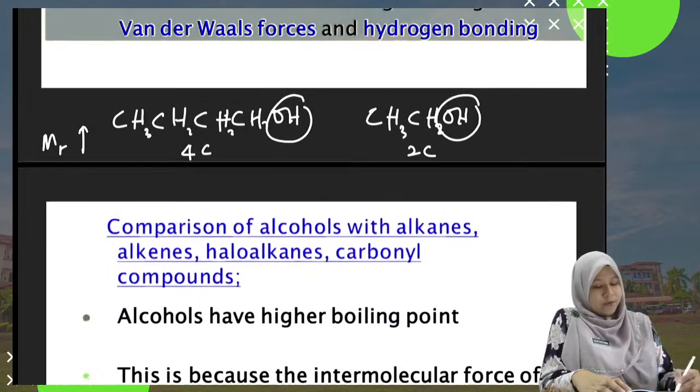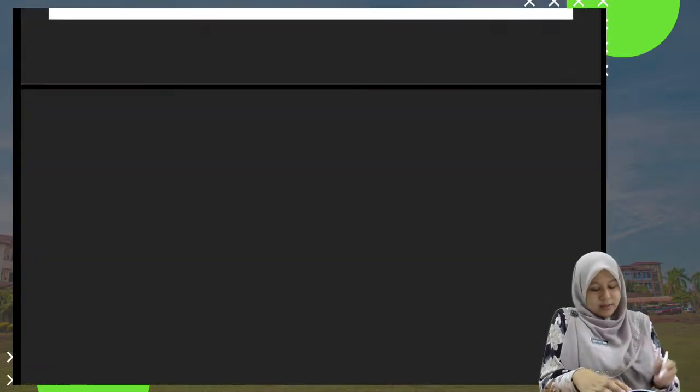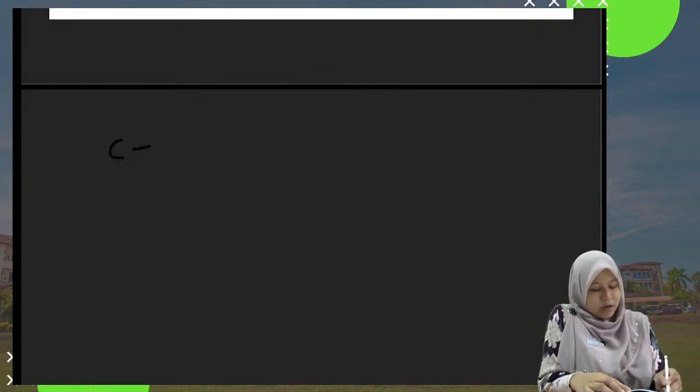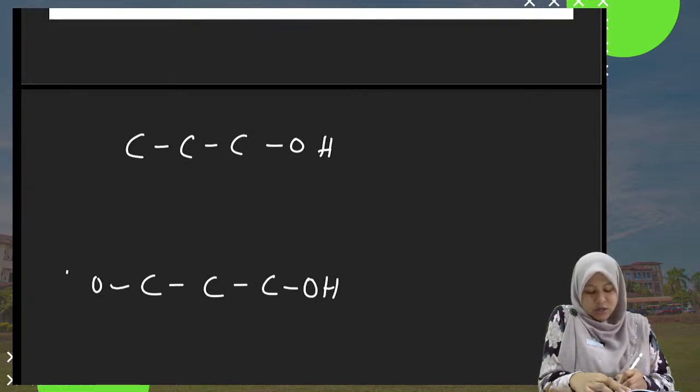But if you have, for example, the same number of carbon, but a different number of OH groups.